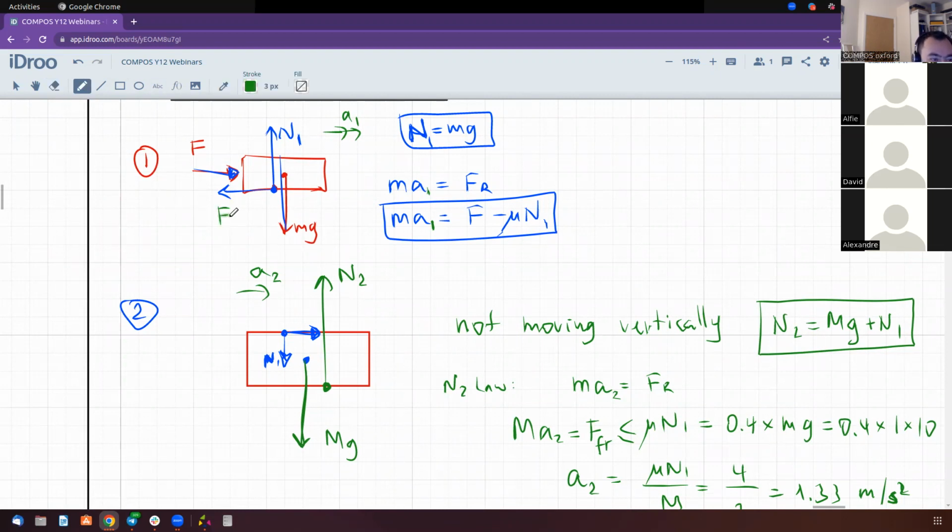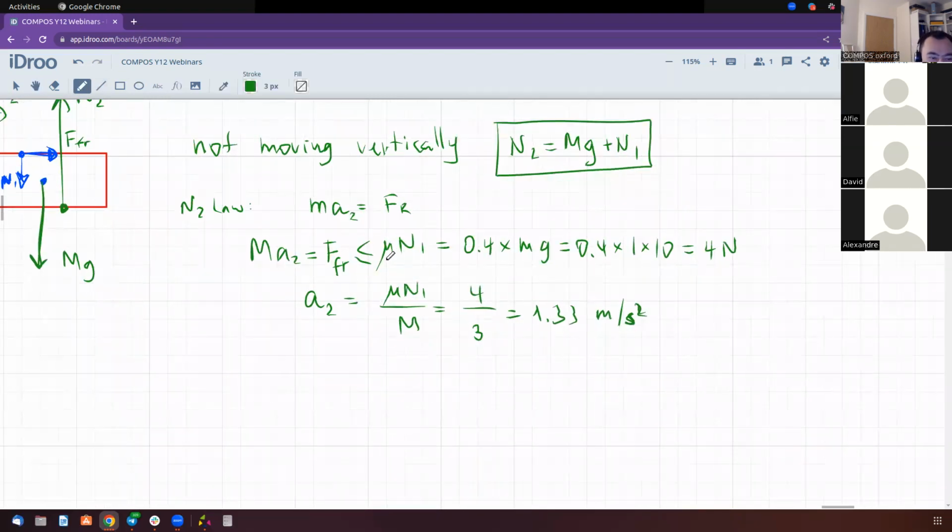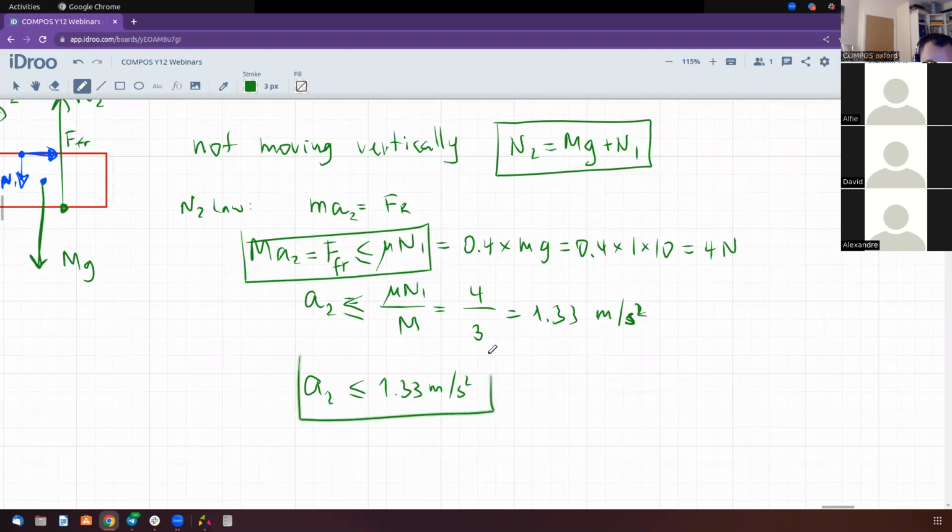It's the force of friction. Sorry for the confusion. The force of friction is less than or equal to mu N1, so less than 4. Therefore, acceleration is less than or equal to 1.33. So the acceleration of the bottom block is less than or equal to 1.33 meters per second squared. In other words, we have a maximum value for the acceleration.